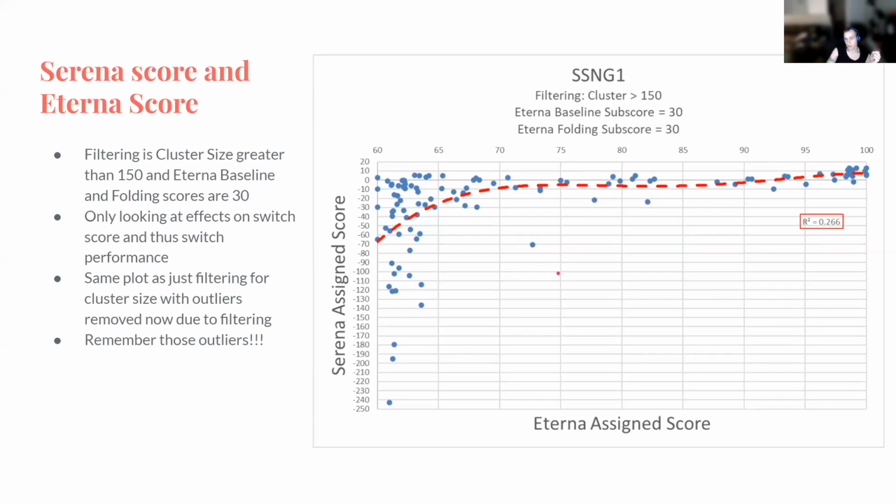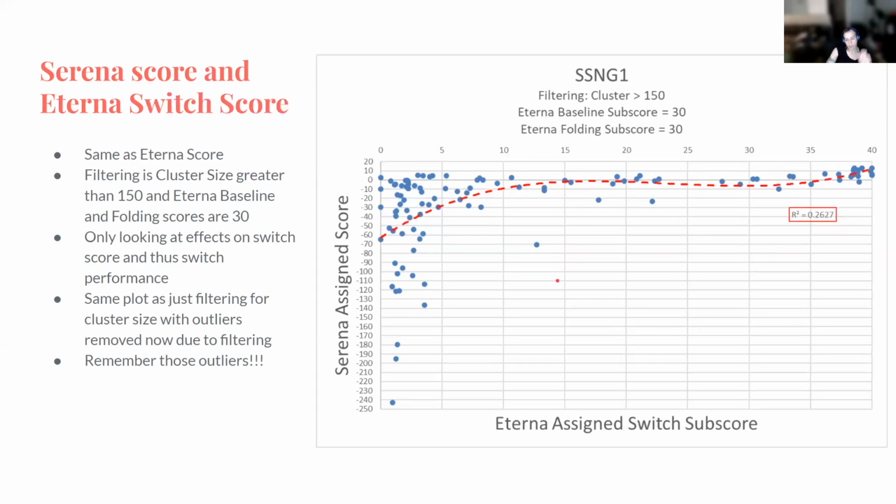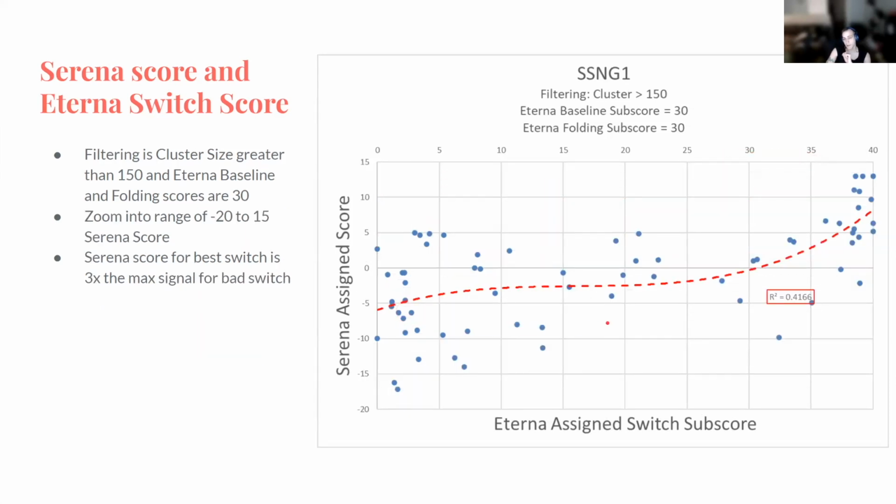But now, same with the subscore, but we're also zoomed out really far. If you look here, you can kind of see that there's actually quite a big delta there. So this is actually what it looks like. Threefold max signal. So a threefold signal increase.